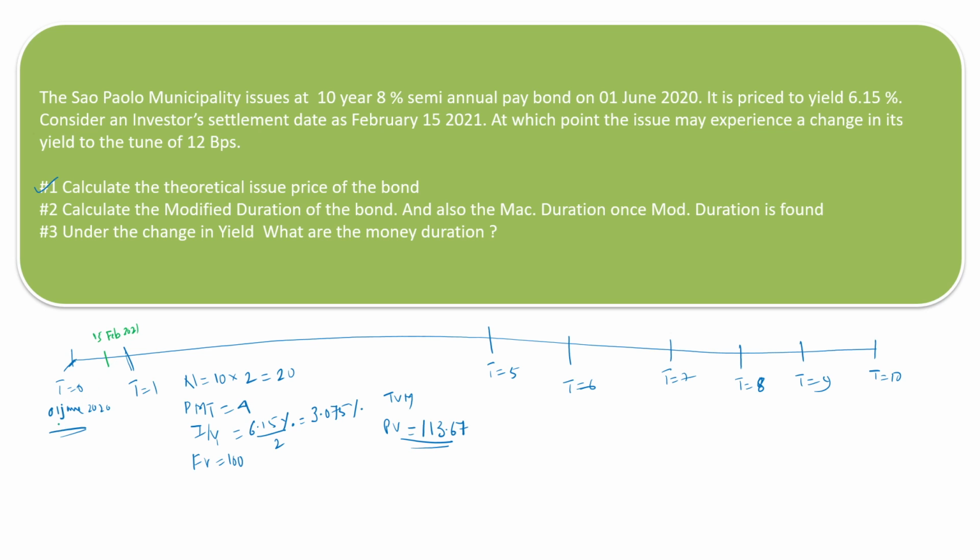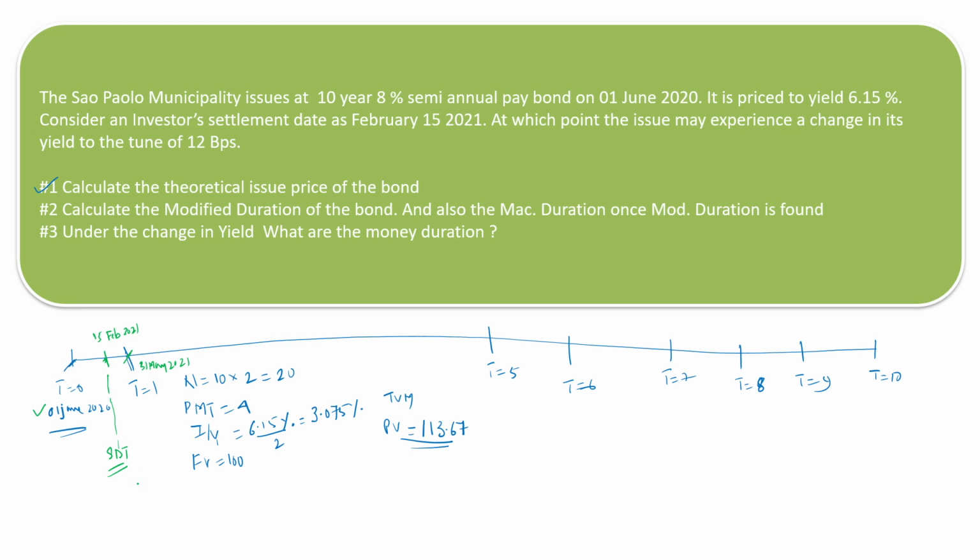So please understand that if a bond is issued on 1st of June 2020, the first year is completed on 31 May 2021. So accordingly, 15th of February will be just on the right side of the middle period of the issue itself. So here we are. This is the day of settlement.